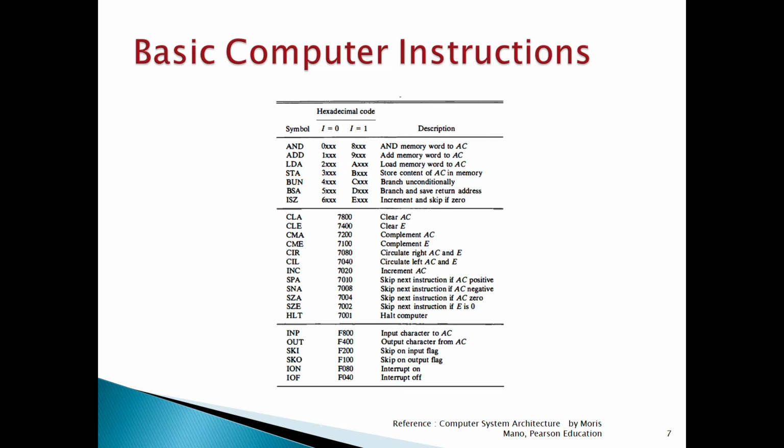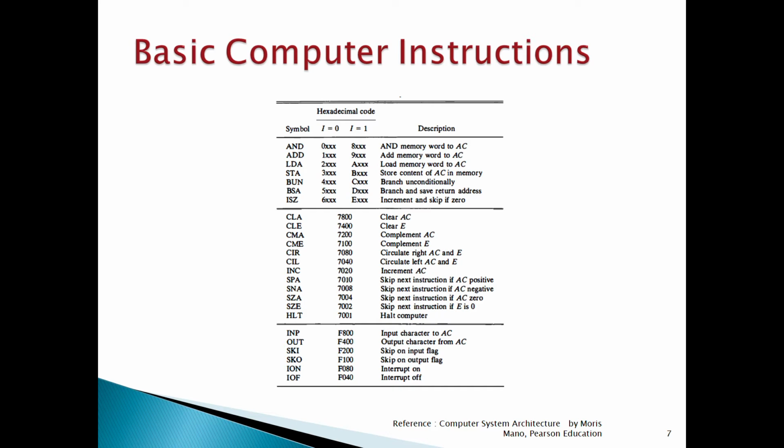INC is increment accumulator. SPA, skip next instruction if AC is positive. Now see here, how will we come to know whether the contents of the accumulator are positive or negative? We know that in complement arithmetic, the most significant bit is used as a sign bit.